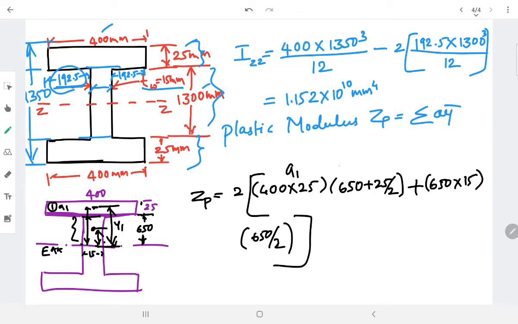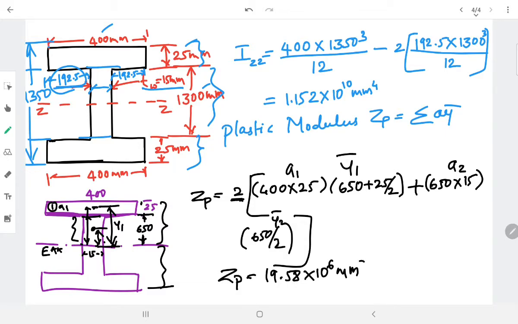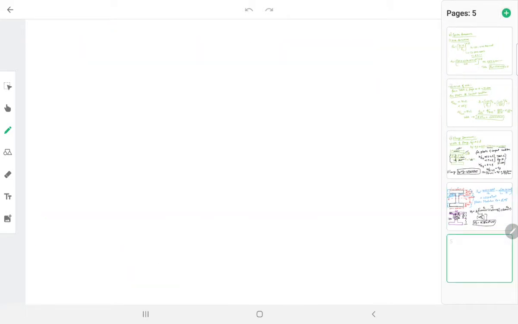So this is A1, Y1 bar, this is A2, and this is Y2 bar, and this whole equation is multiplied by 2, because this area is one area and the next area is this one, so double of this, it has to be multiplied by 2. So you will get ZP as 19.58 into 10 raised to 6 mm cube. We need this ZP to calculate the moment of resistance. In the next slide you will see how to calculate the moment of resistance.